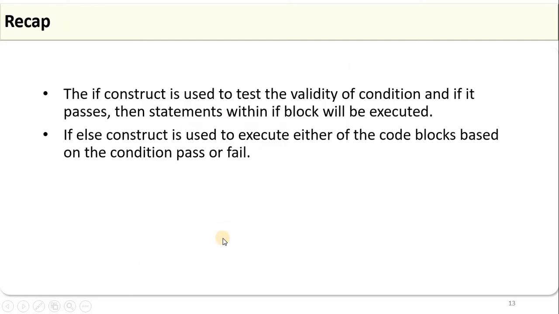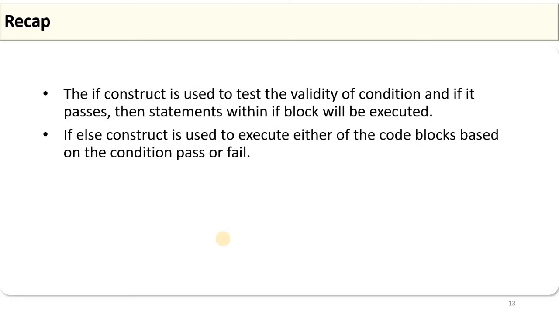A quick recap of what we studied in this session. The if construct is used to test the validity of a condition or expression. If it passes, or if it is true, then the statements within the if block will be executed. The if else construct is used to execute either of the code blocks, that is, the if code block or the else code block, based on whether the condition turns out to be true or false. If the condition is passed, then it will be true.